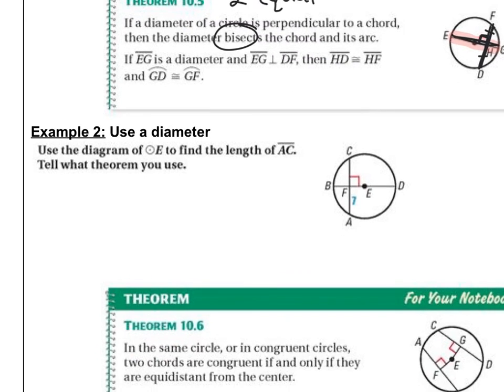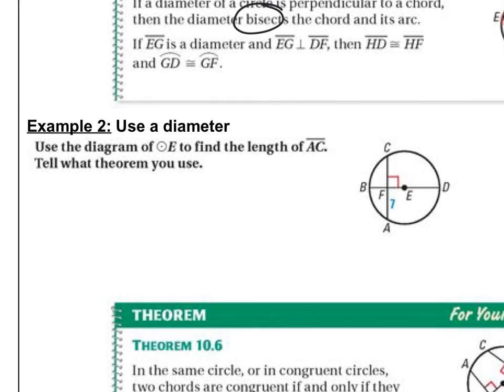So let's put it into practice here. Nothing too crazy, but it says use the diagram of circle E to find the length of AC. So they would like you to find this entire length from A to C when we're given that AF is 7. We're just going to apply what we know. We know that AF equals 7.